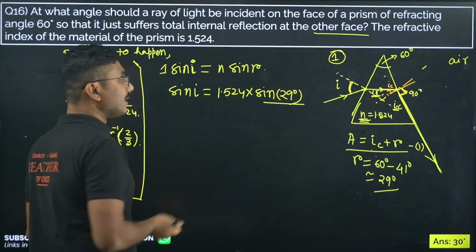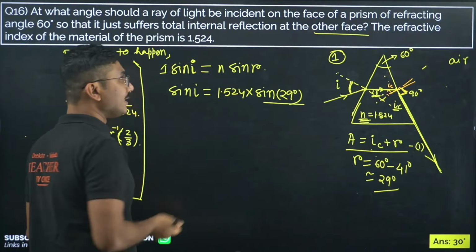Yes, correct. It will be 19 degrees. So first you have to calculate sine 19 degrees, then multiply it with 1.5 and then take a sine inverse of that value to calculate the angle I. Now calculate it.